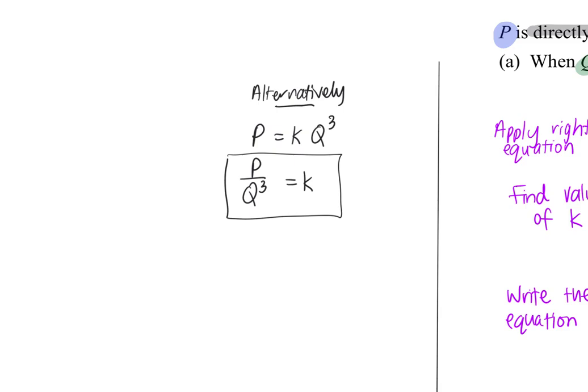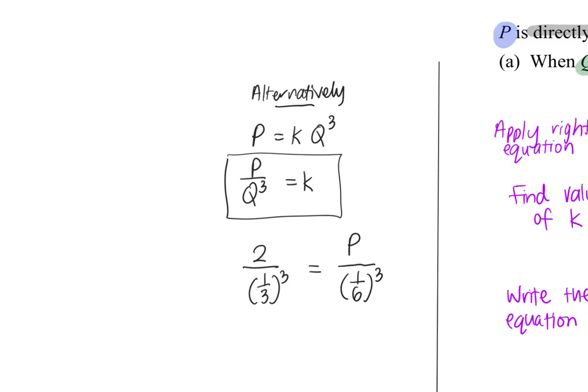Which means that if I have two sets of values, this particular approach will allow us to find the value of P when Q is 1 over 6, because P divided by Q cube is always the same for any sets of values of P and Q. So for 2 and 1/3, some value of P and 1 over 6.